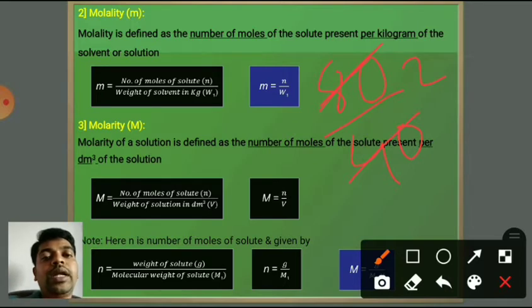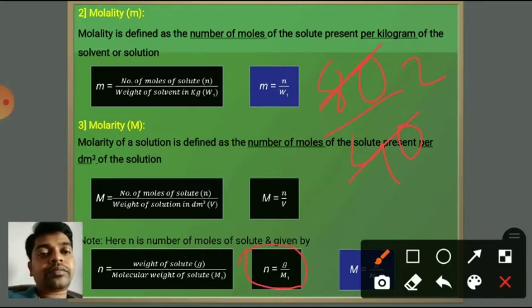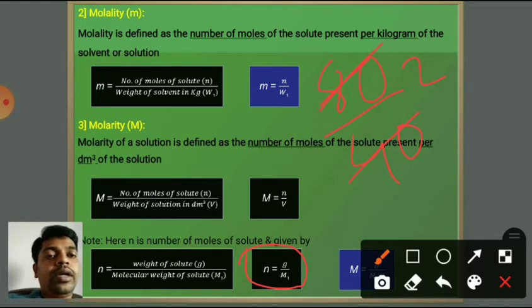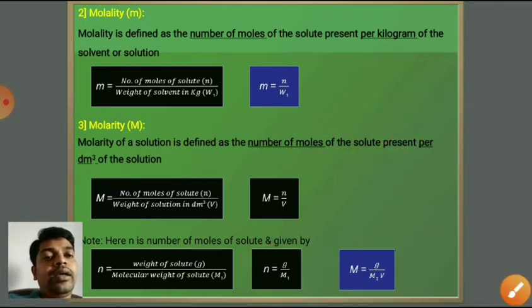So 2 is the number of moles of NaOH. In this way we can calculate the number of moles for any given solute, and it is given by n equal to G by M1. From this we can say that molarity can be modified as M equal to G upon M1 into V. So this is molarity.